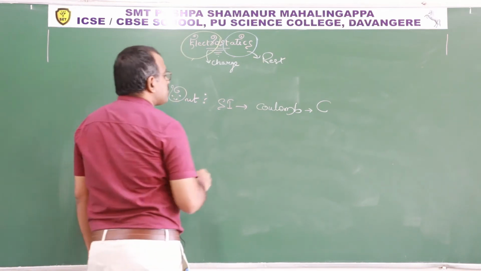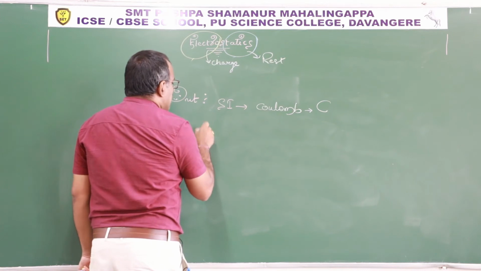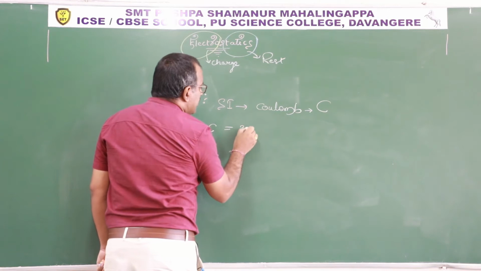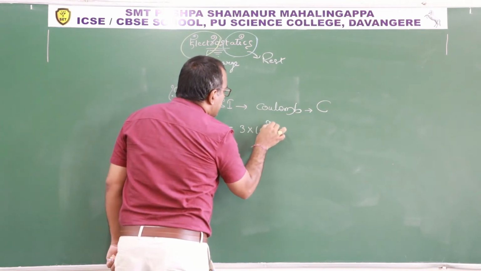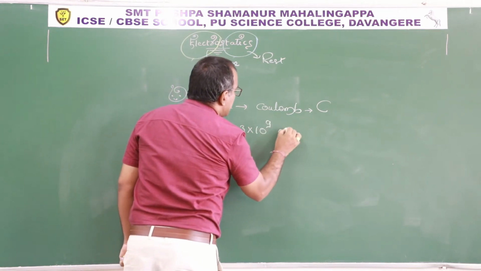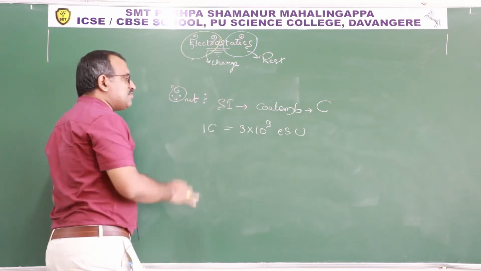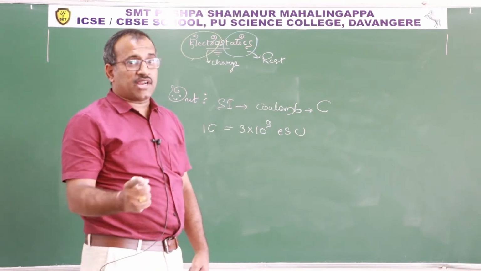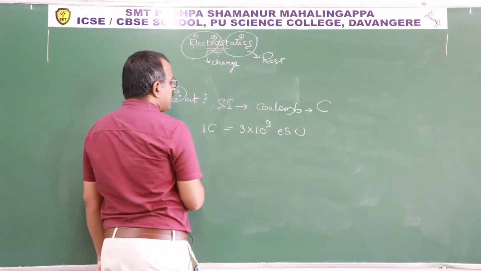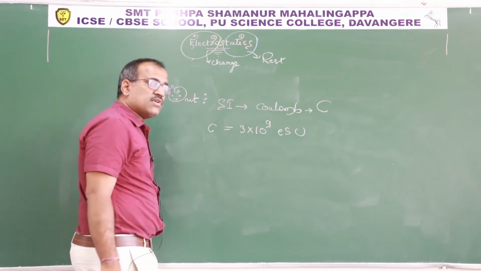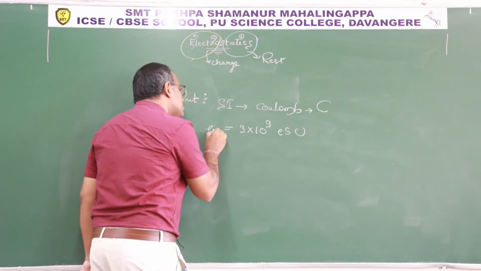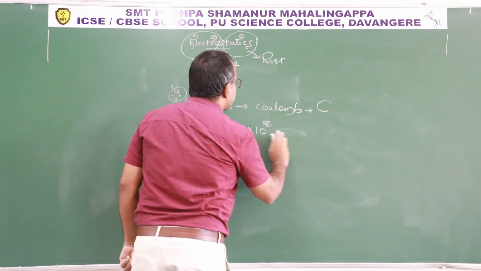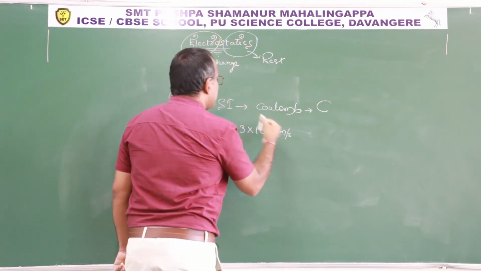So now, converting into CGS, 1 Coulomb is equal to 3 into 10 power 9 ESU. People ask me so many times, sir, how can I memorize? Of course, it is very easy. If I write this small c only, then of course this is 3 into 10 power 8 meter per second.